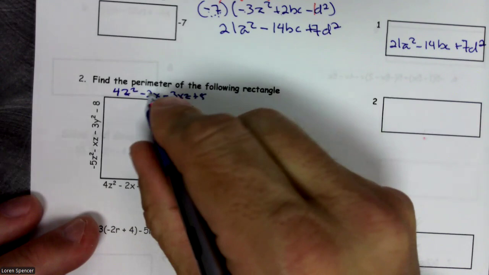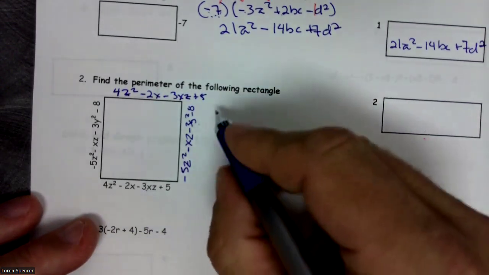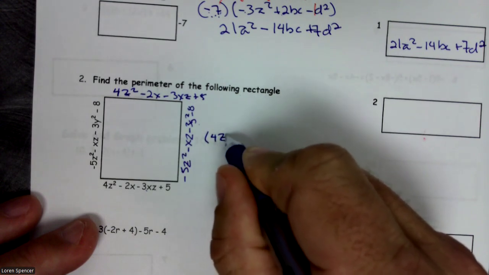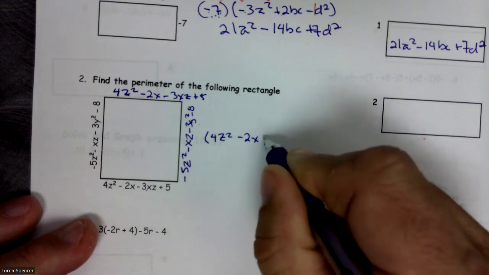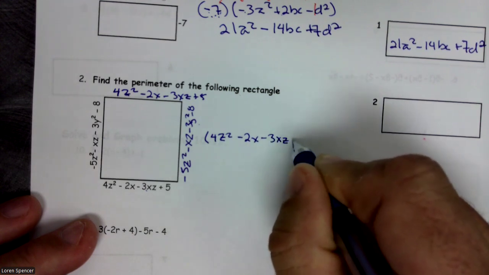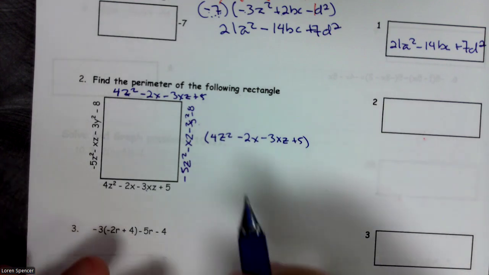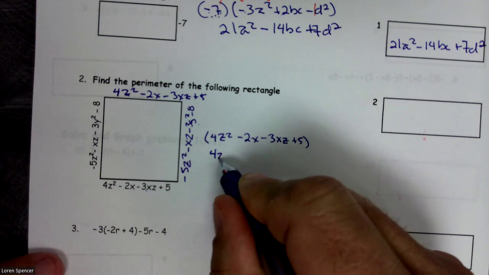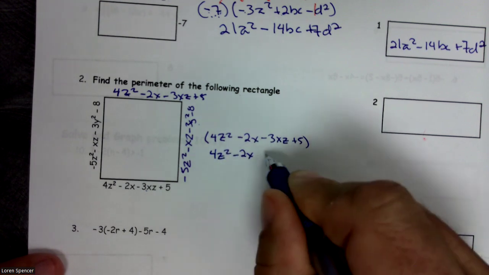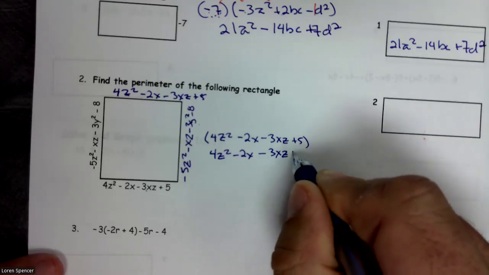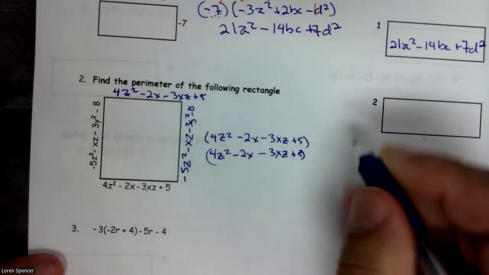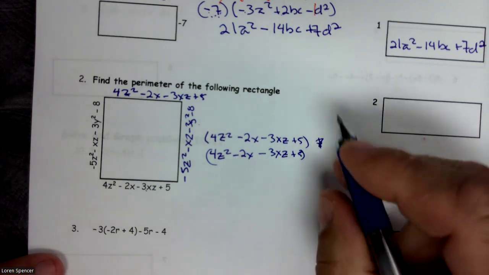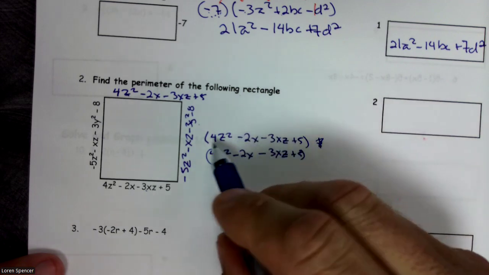So this plus this plus this plus this. So here we go. I'm going to start off with the 4z squareds. By the way, this is going to take a lot of room. I'm going to have 4z squared minus 2x minus 3xz plus 5. I'm also going to have another one of those. So I'm going to have a 4z squared minus 2x minus 3xz plus 5. Yeah, we're adding up all the sides.